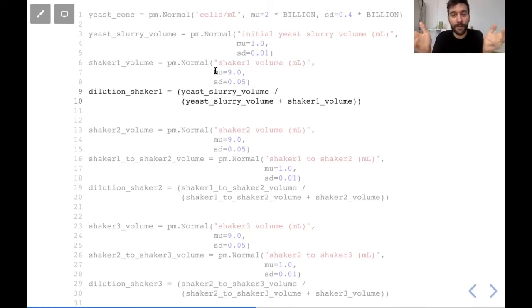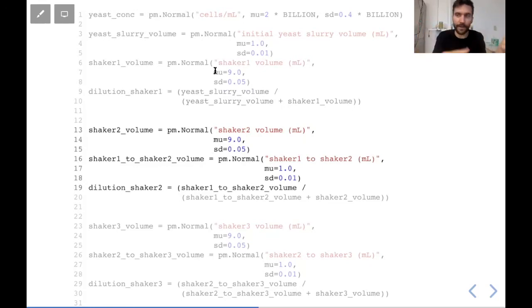Finally, after dilution of the shaker, after I add the yeast and mix it up, I should have this quantity: 1 milliliter approximately divided by 10 milliliters approximately. That should be my dilution. Now I did that 3 times, so I do that twice more. I do the same kind of prior on the different shakers and the different transfers of 1 milliliter in the pipettes.